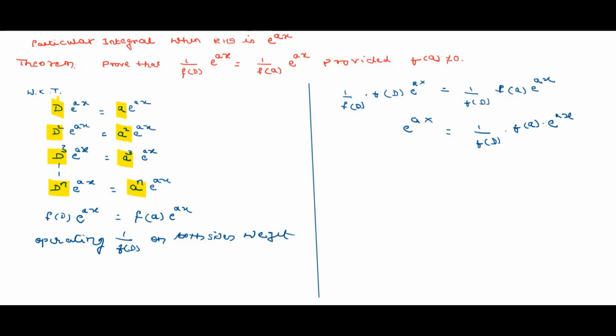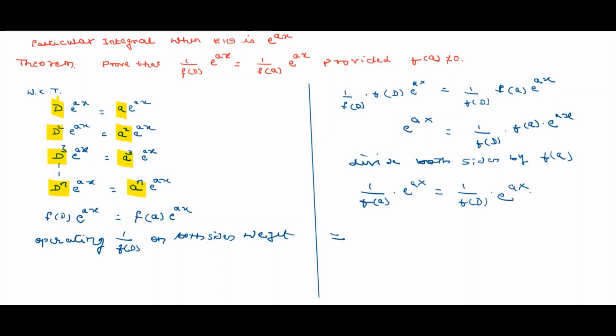And then divide both the sides by f of a. What you will get? 1 divided by f of a into e raised to ax is equal to, on the right hand side f of a and f of a get cancelled, you will get 1 divided by f of D e raised to ax.